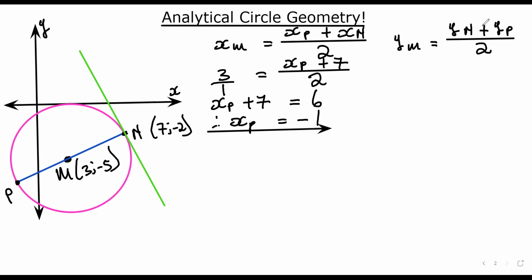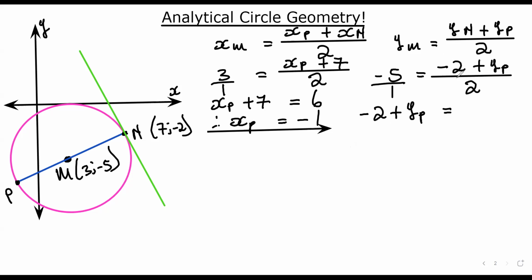Okay, fine. Now, similarly, the y coordinate at the center is -5. The y coordinate at N is -2. And y coordinate at P is the one we are looking for. And of course, we divide this by 2. And then once again, we cross multiply. So on the left-hand side, we get -2 plus y value at P. And this is equal to -10.